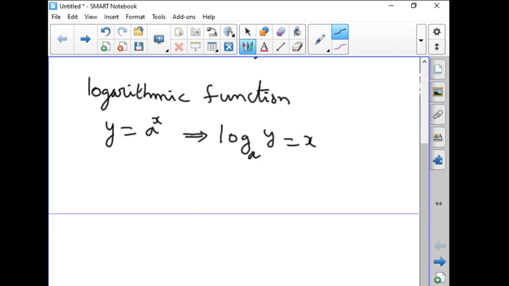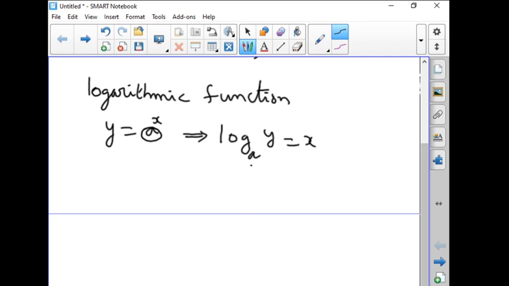So, how to remember this? See here, this a we call the base. So, here also log y to the base a is equal to x. So, the power goes to the right hand side.